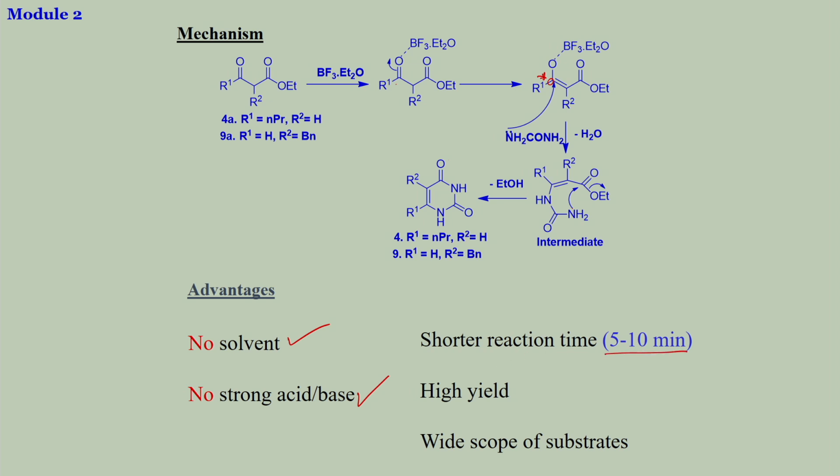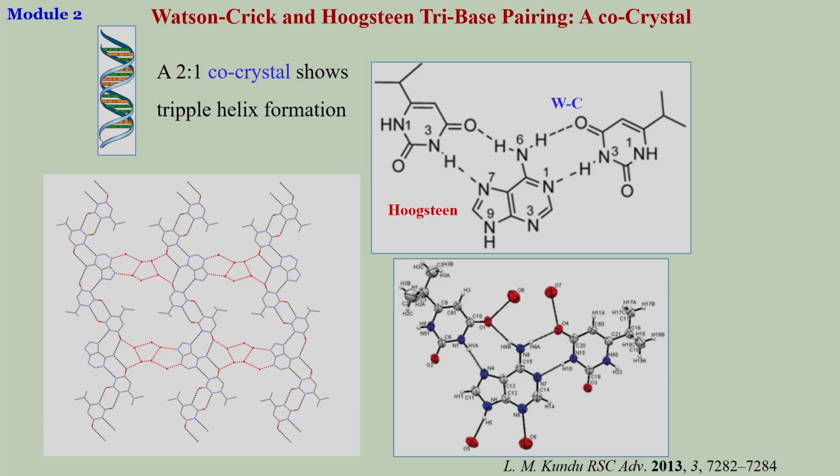The reaction time is very short, 5 to 10 minutes. The yield is quite high. Many of the compounds that we have made cannot be synthesized using the classical method, and of course the wide scope of substrates means you can make several variations. We have seen that one particular compound has shown artificial base pairing also.